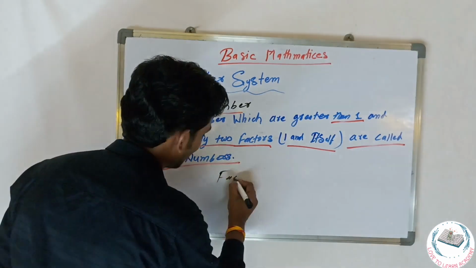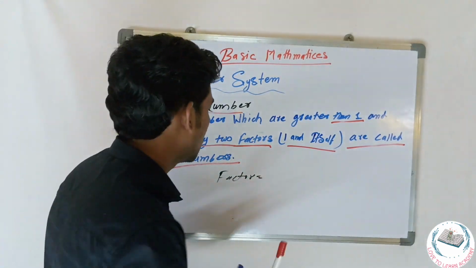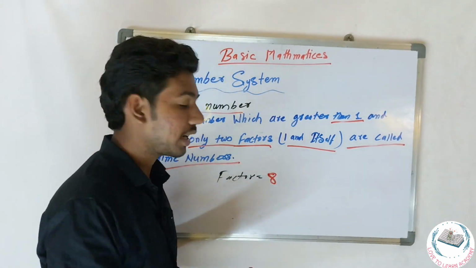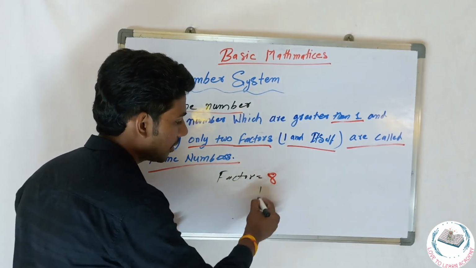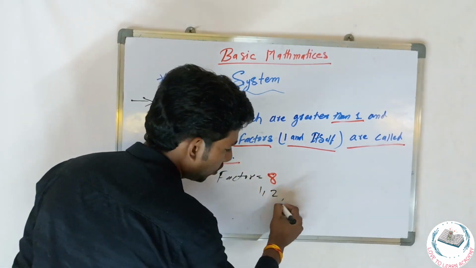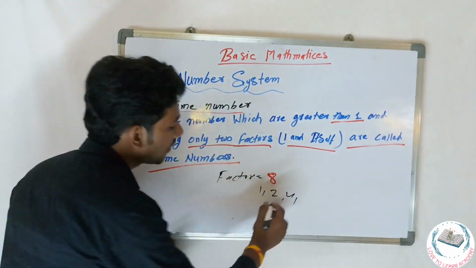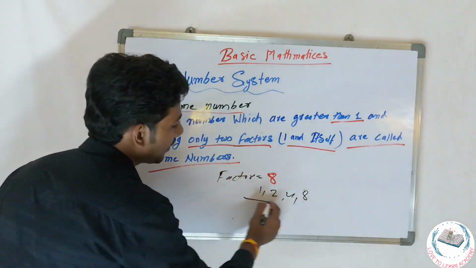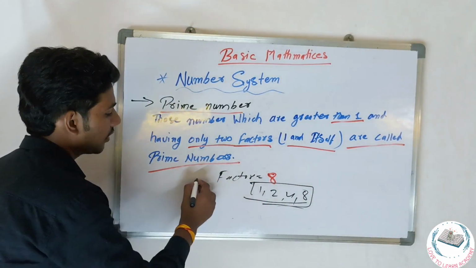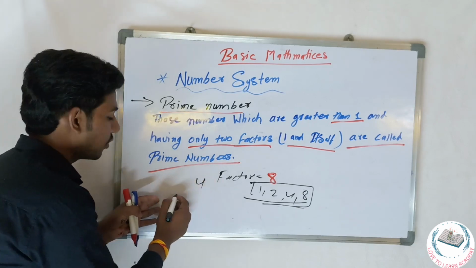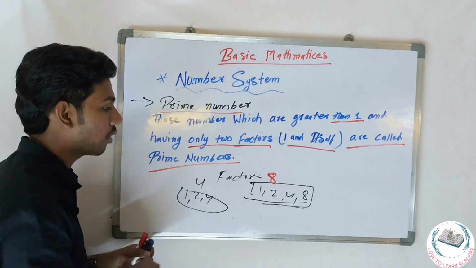Suppose I write the number 8. 8 is divisible by 1, by 2, by 4, and by 8. These are the factors. For 4, the factors are 1, 2 and 4. I hope you understand.